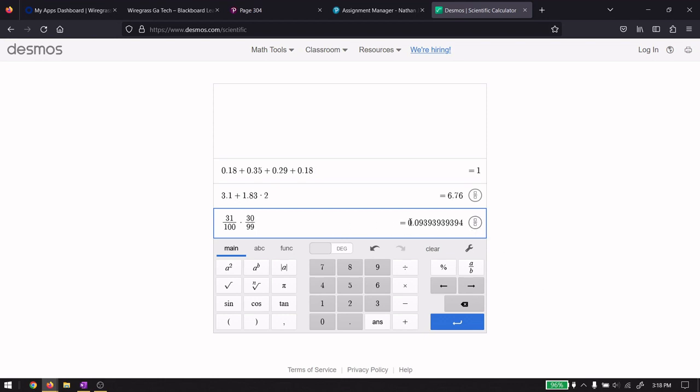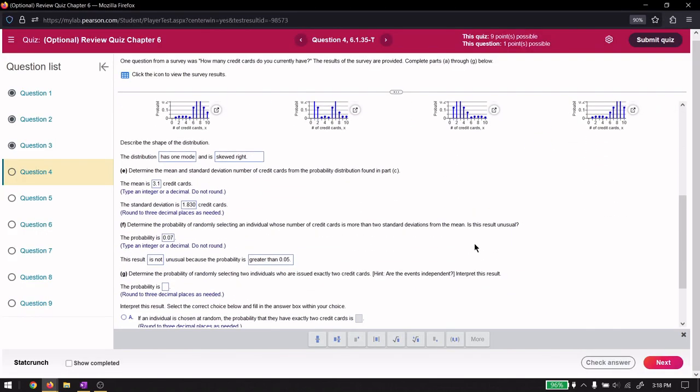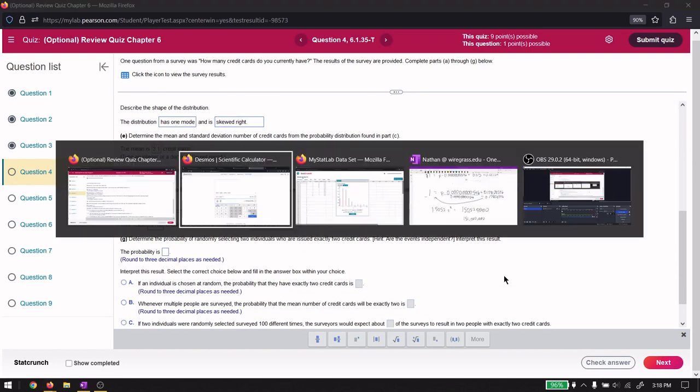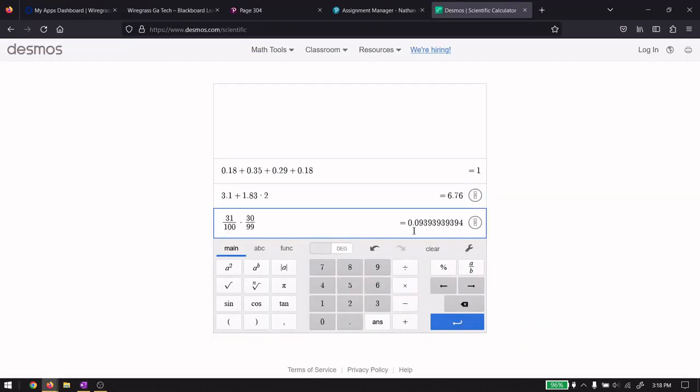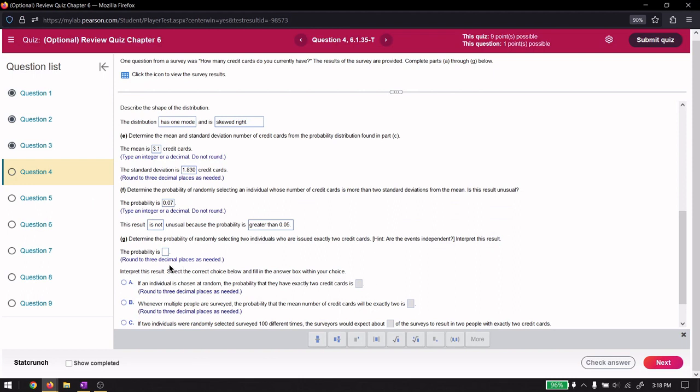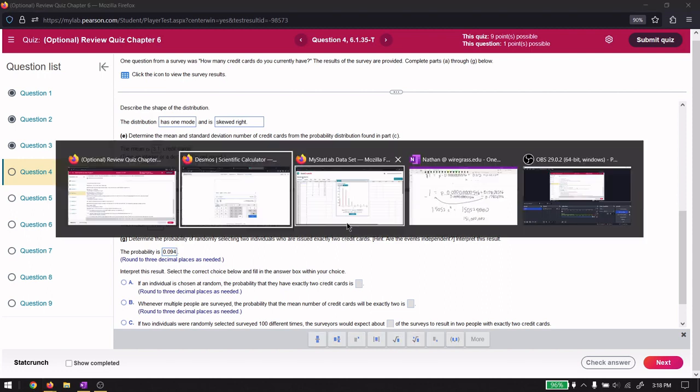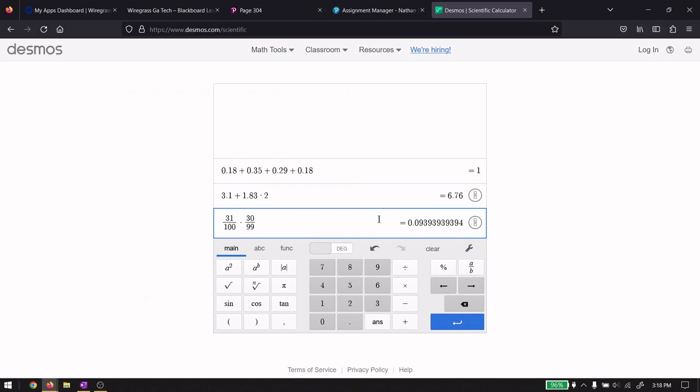So this is the probability of selecting 2 individuals who are issued exactly 2 credit cards. And that's going to be 0.09393, so 0.094, rounding to 3 places.